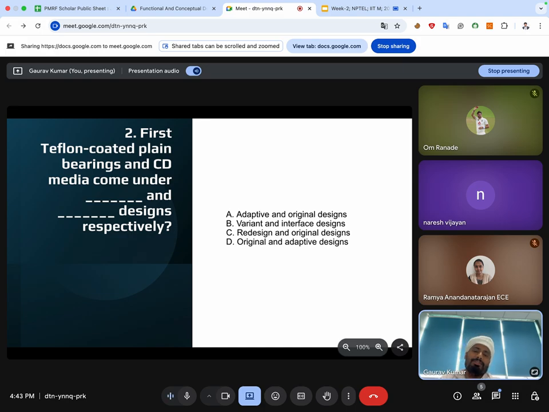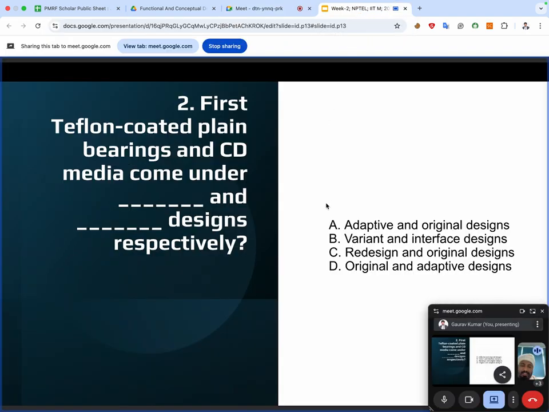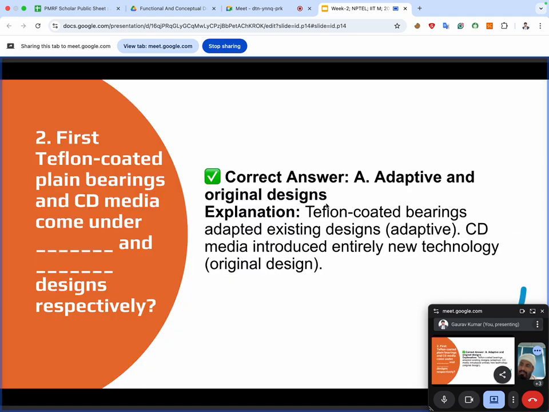Okay. So the right answer for this question is option A, adaptive and original design. And you can see the explanation part on your screen, and I will also explain. So the Teflon coated plane bearings are adaptive solutions.